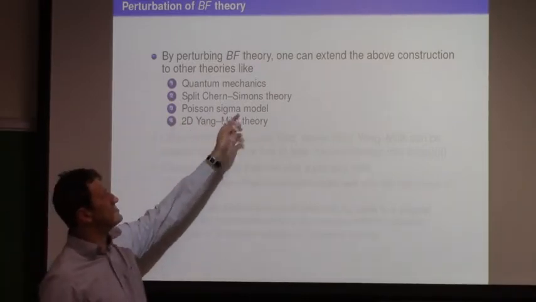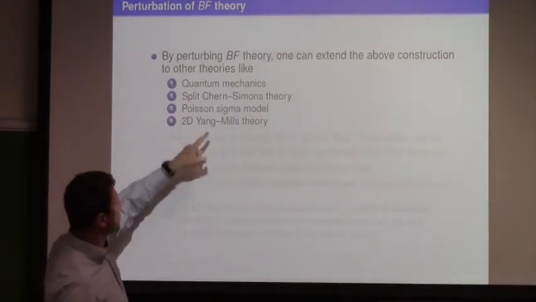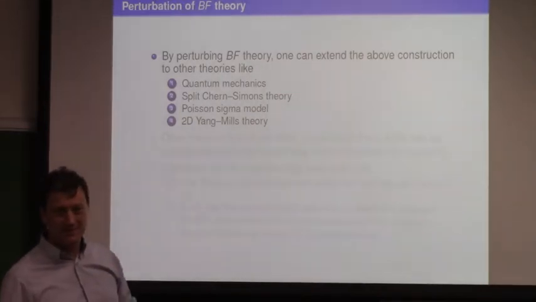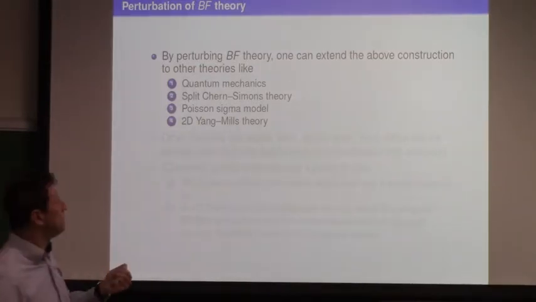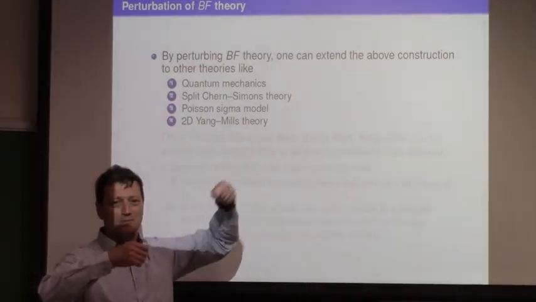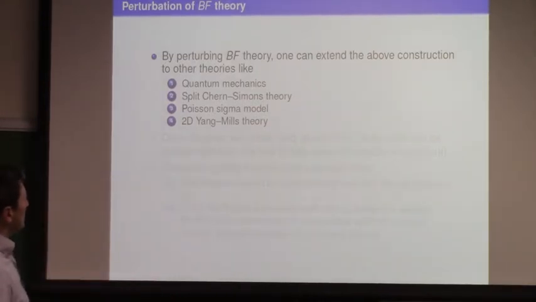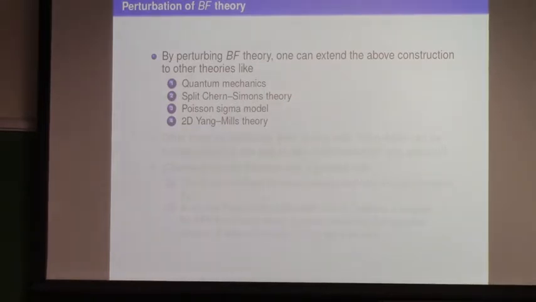Another example in two dimensions is the Poisson sigma model. All these cases are topological field theories, but there is also a non-topological example, which is two-dimensional Yang-Mills theory, which is essentially abelian or non-abelian BF theory plus a term B wedge star B with some metric structure. So the gluing works essentially just by this argument.